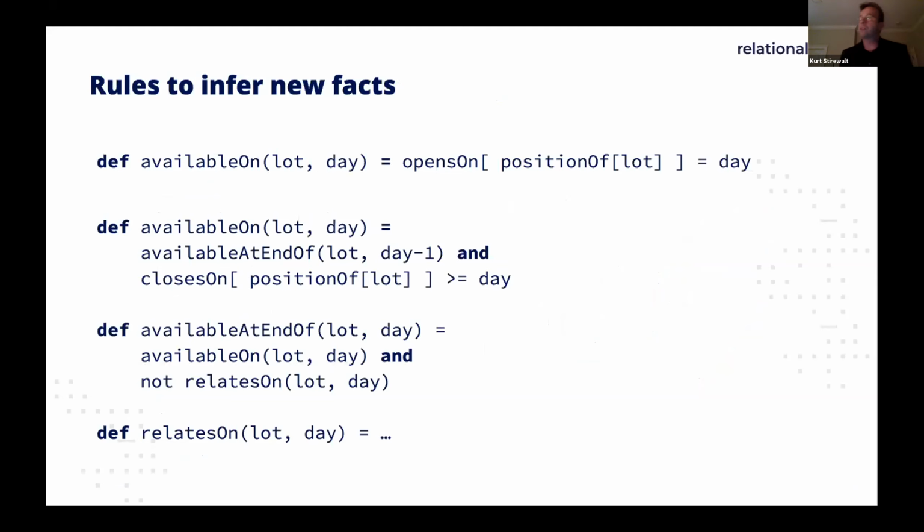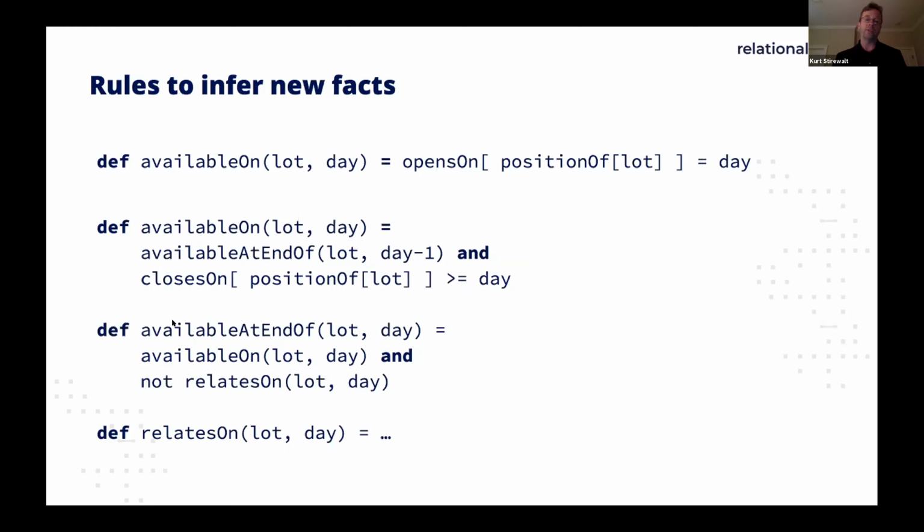As I mentioned, we also came up with some rules to infer new facts. Here are some examples of rules, just to illustrate more of the constructs that are available and to more clearly indicate the recursion that I mentioned earlier between available on and available at end of. You can see that this rule for available on refers to available at end of, which is another relation.